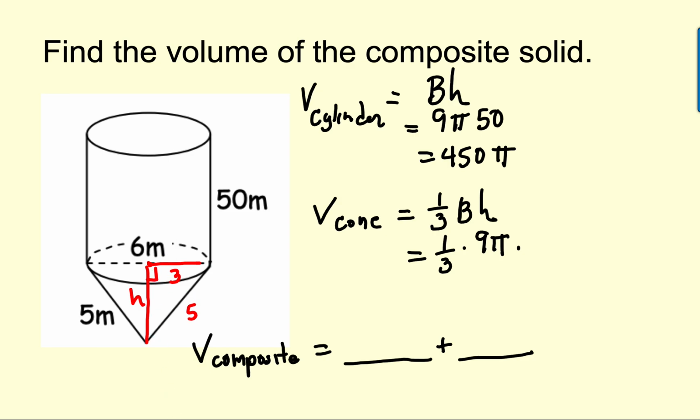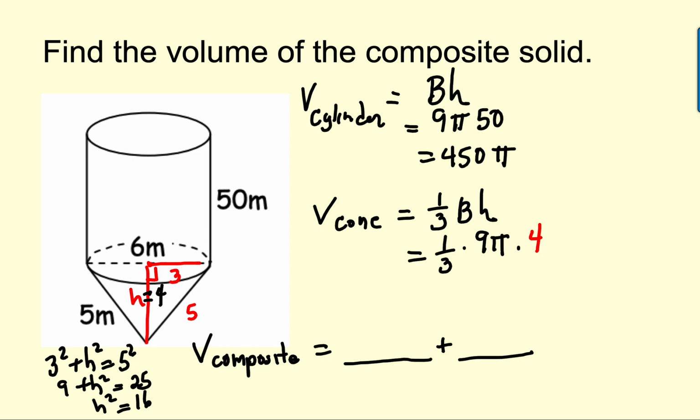So I'm going to have to use the Pythagorean theorem, which is 3 squared plus h squared equals 5 squared. So that's 9 plus h squared equals 25. h squared will be equal to 16. So that tells me h will be equal to 4. And that's the height of my cone.